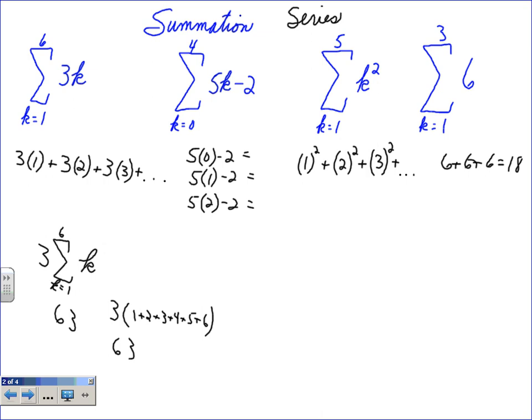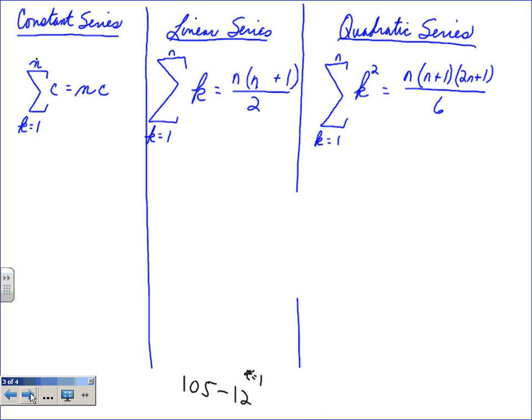There are easier ways to find these numbers. Andrew says calculator. Let me show you some formulas. This is the one that Andrew and I were just talking about. C stands for constant. So if we had that example here, from 1 to 3 of 6, all this means is 3 times 6.